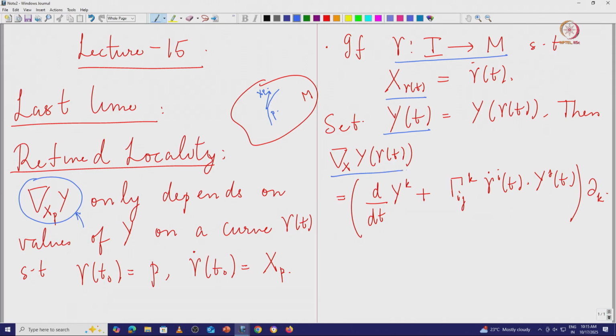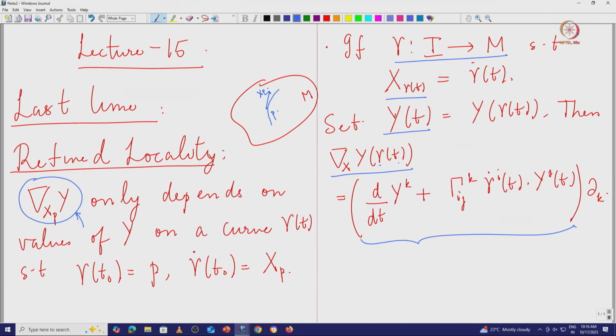Then the derivative of y with respect to x at a point gamma of t is simply given by this formula. Here you see explicitly that all that matters is the values of y on that curve gamma. It does not matter what values y has even at points arbitrarily close to the curve gamma.